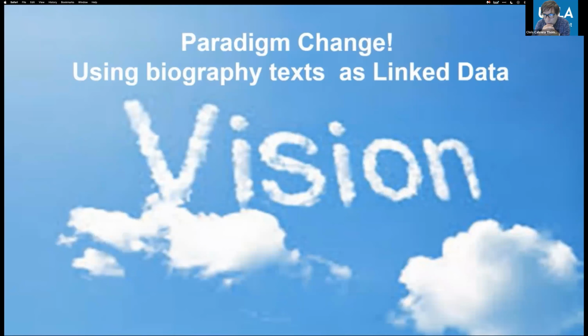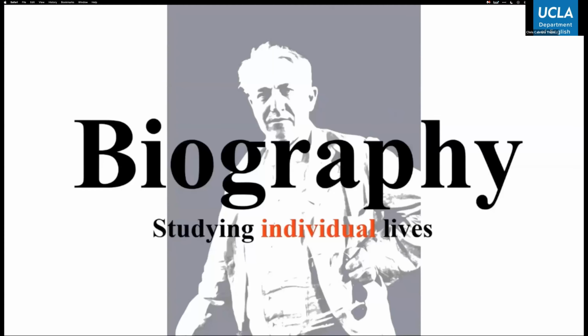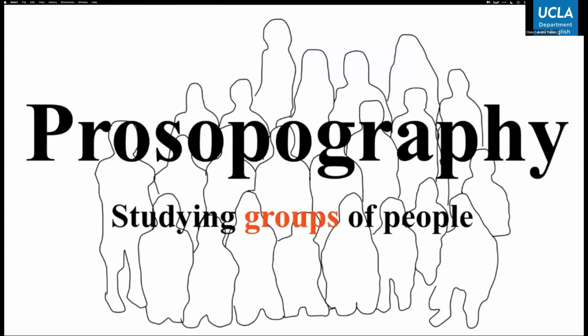The idea is to provide the user with enhanced reading experience of biographies by enriching contents with data linking and reasoning. In addition, versatile tooling for biographical research of individual persons as well as for prosopographical research on groups of people are provided.